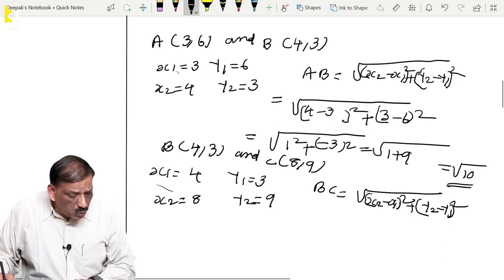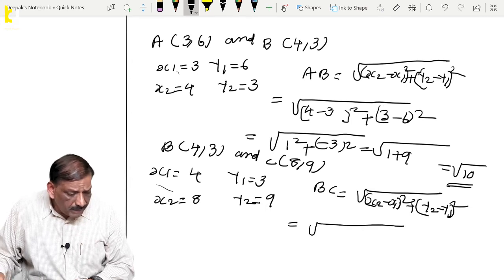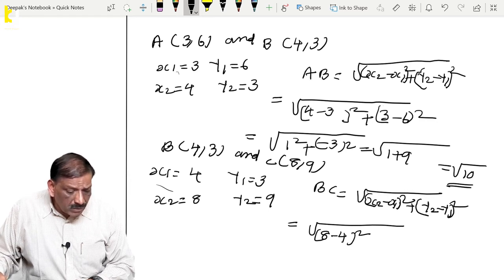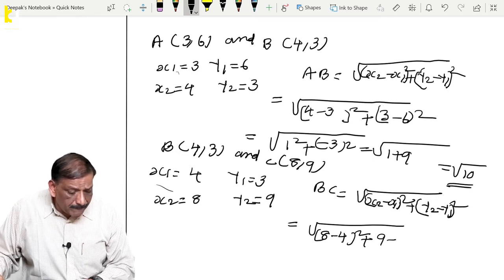That is equal to root of (8 minus 4) whole square plus (9 minus 3) whole square.